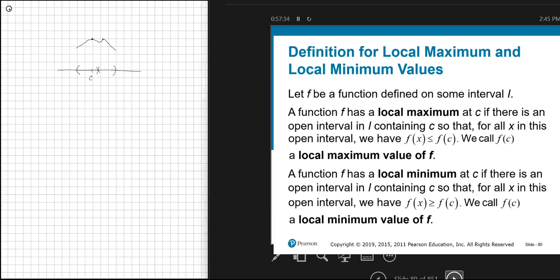And so I have another local maximum over here, and the high point is the same, but it's at a different x value. So we always talk about a local maximum at an x value, at c. So we have a local maximum at c, or a local minimum at c, so that it happens in both. But with a local minimum, it's the smallest y value in that interval. So it would be down here somewhere.